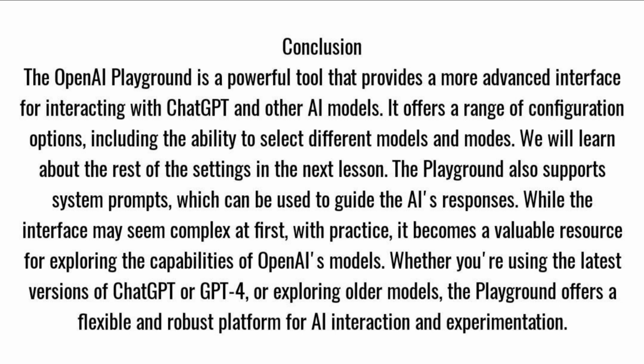While the interface may seem complex at first, with practice, it becomes a valuable resource for exploring the capabilities of OpenAI's models. Whether you're using the latest versions of ChatGPT or GPT-4, or exploring older models, the Playground offers a flexible and robust platform for AI interaction and experimentation.